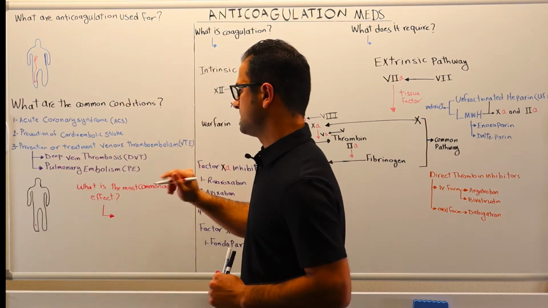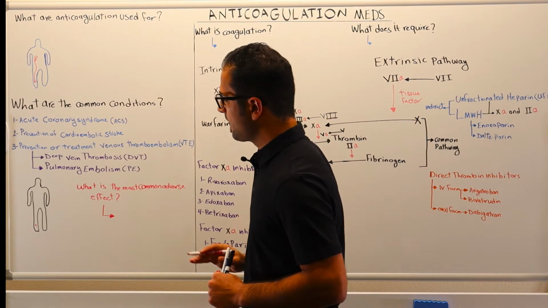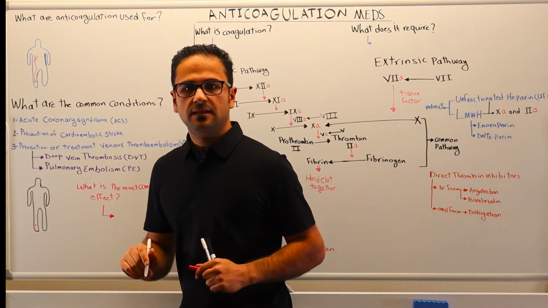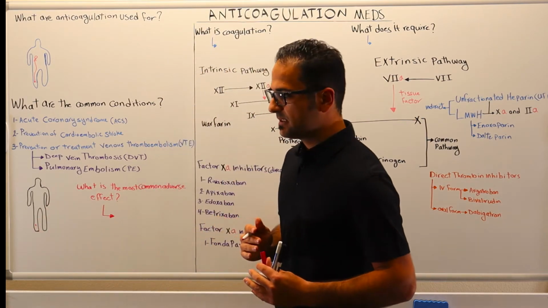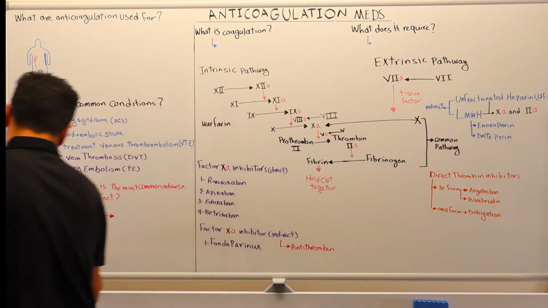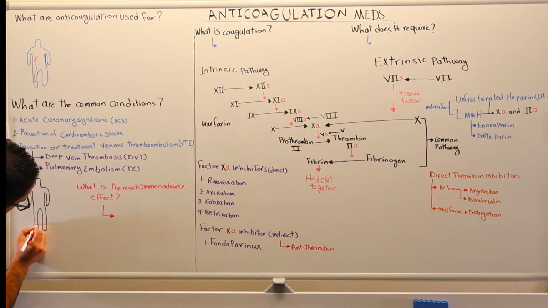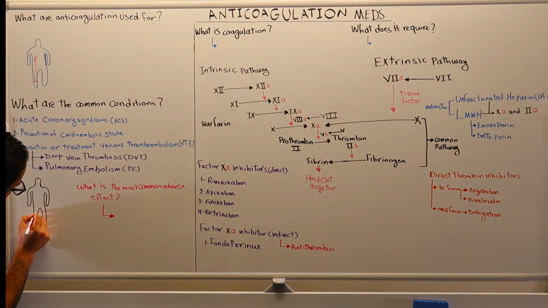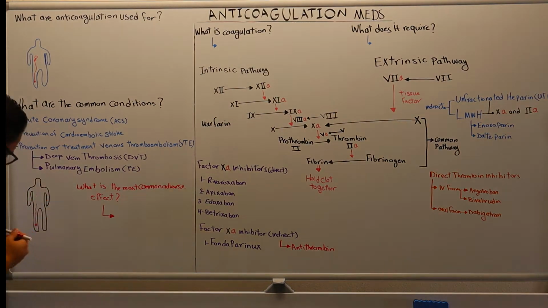So let's say a person has a clot in their legs and this clot was not treated. Therefore, it's becoming larger, and as this clot is becoming larger, pieces of this clot are actually traveling to other parts, and they travel to the lung.